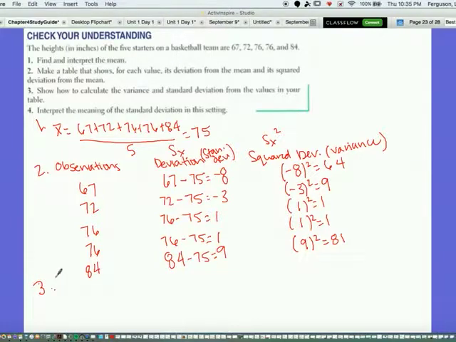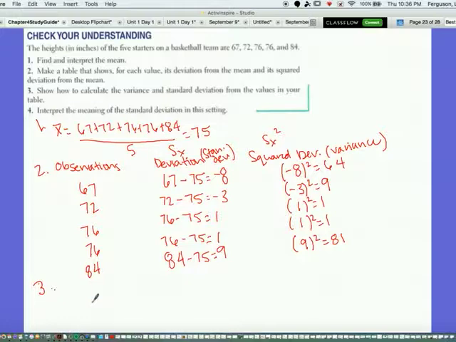Number 3 asks us to show how to calculate the variance and standard deviation from the values in our table. Basically what that means is, for the variance, it would be the sum of the squared deviations taken from the total row divided by 4, the number of observations minus 1.